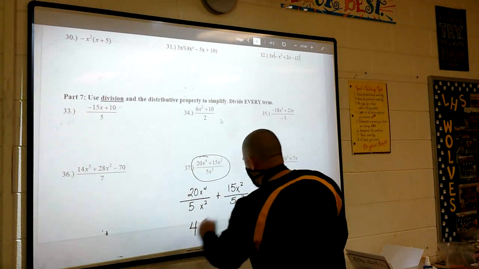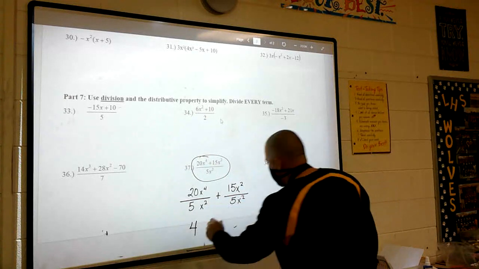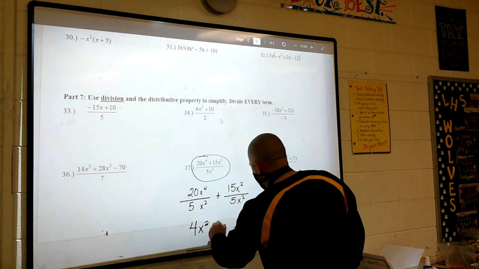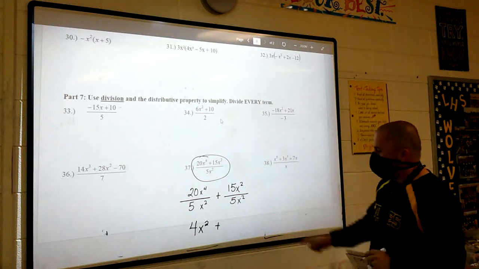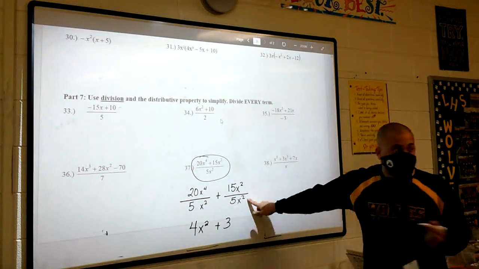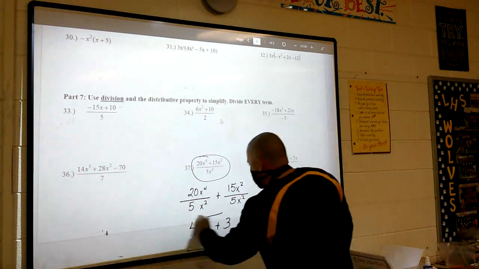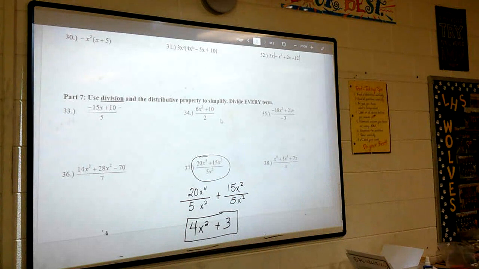And then x to the fourth over x squared, you subtract your exponents. So it's x squared. So 4x squared plus 15 divided by 5 is 3. And then x squared over x squared, they go away. So you have 4x squared plus 3 as your final answer in 37.